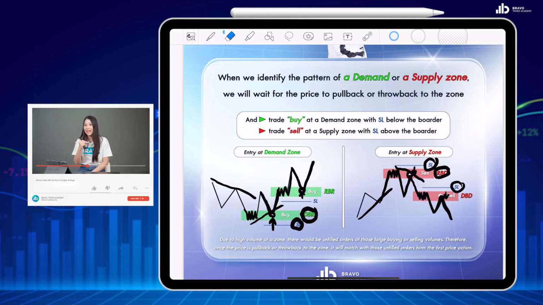So on the second touch, when the price comes back to test the zone, it means there are a lot of unfilled orders there, and if we enter our trades, those unfilled orders will be matched and take our order to the take profit points. So that's the trick of this strategy.